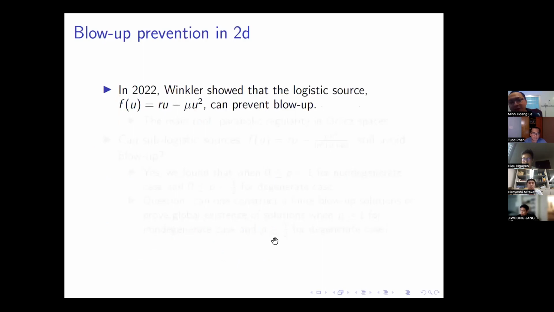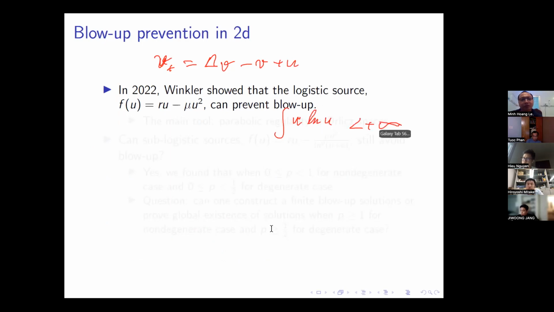founded in 2022. So look at the equation. For example, we have u_t equal to Laplacian of u, v_t equal to Laplacian of v minus v plus u. So if u is something like this, then we have some certain control for v, right? That is the idea.